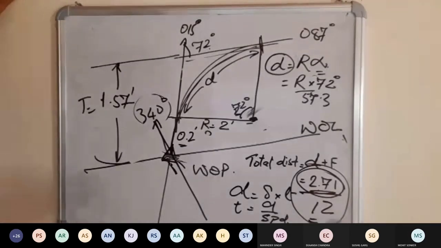So 13 point some minutes is taken to complete this distance.